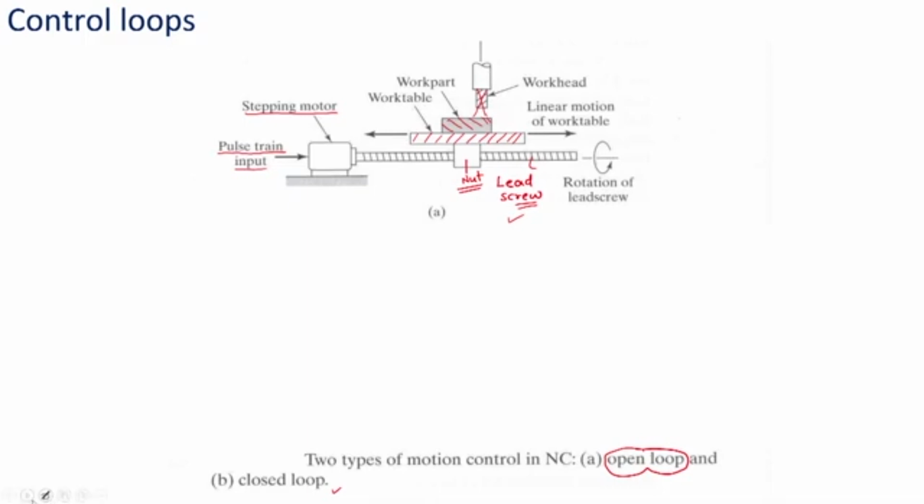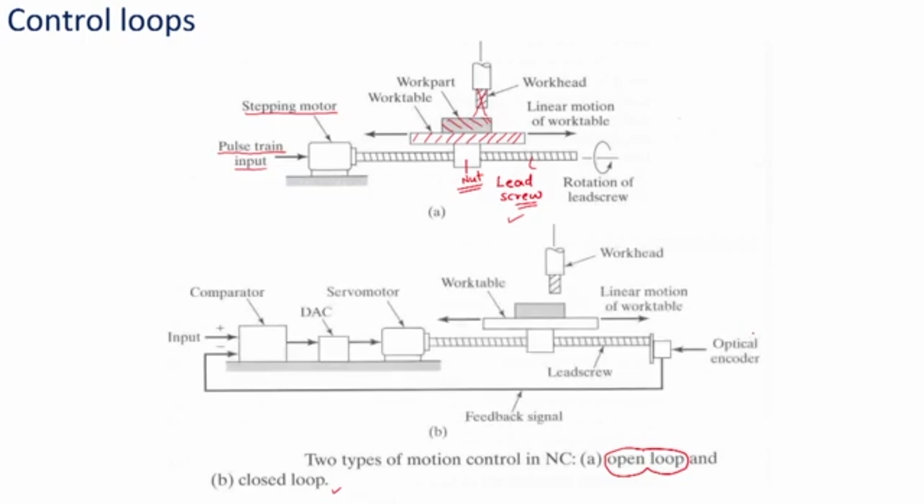The comparator is an electromechanical device which is getting the input from the optical encoder, and it has a standard value which is given by the microprocessor. The comparator is comparing the standard value or the desired value or the ideal value with the feedback which is coming from the optical encoder.